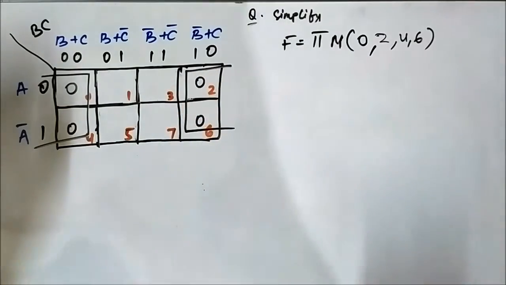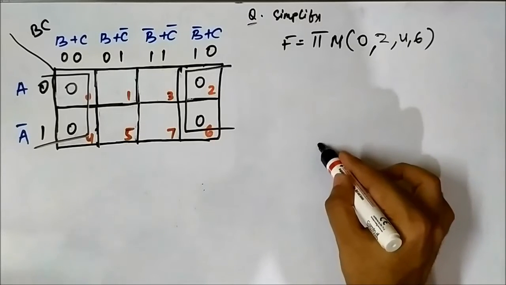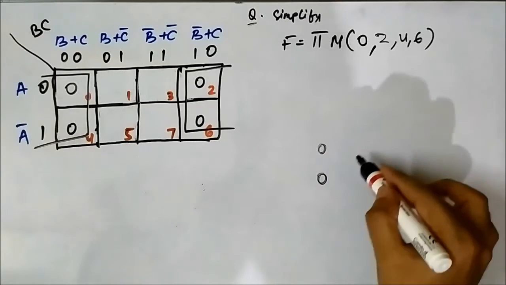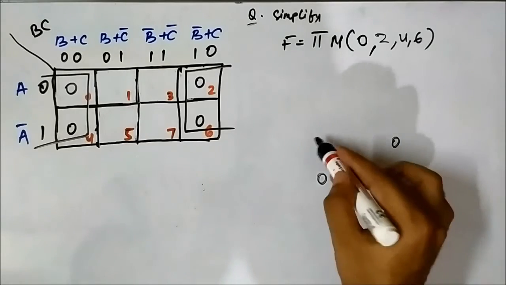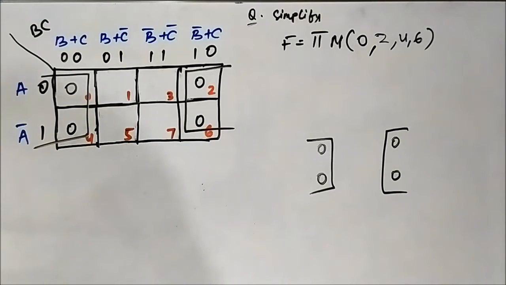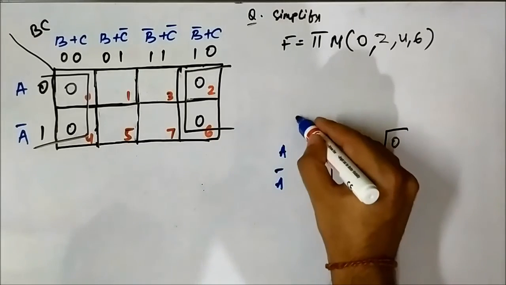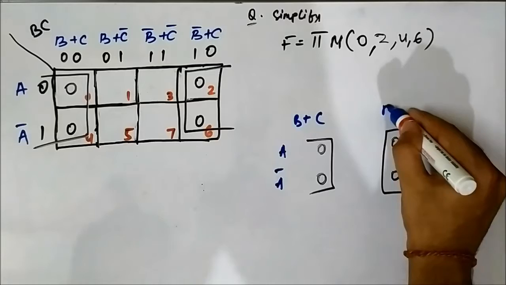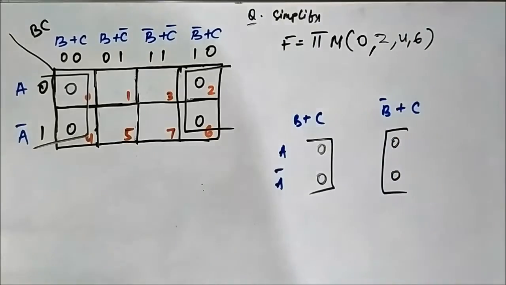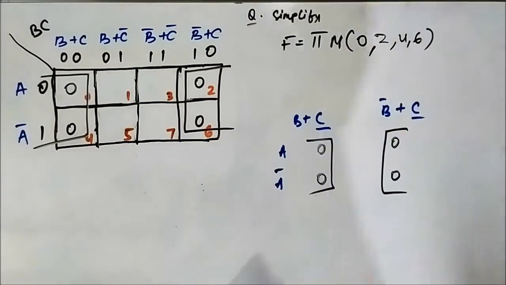Now we have to identify the common variables. Here the horizontal components are A bar, A, vertical components are B or C, B bar or C. So here in the horizontal side there is nothing common, the vertical side we have C as common.